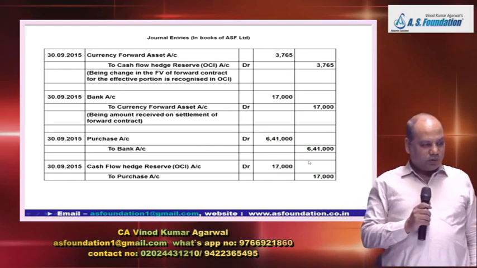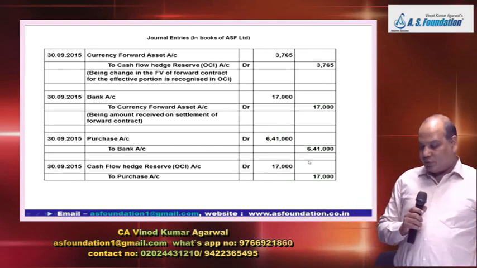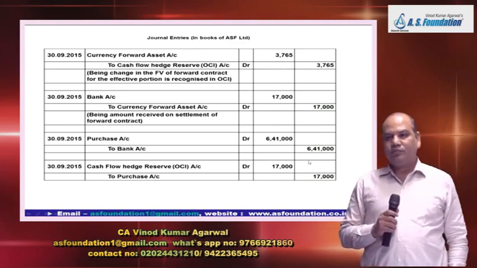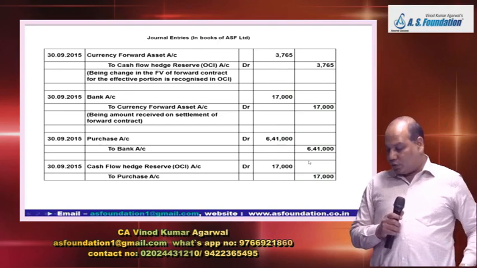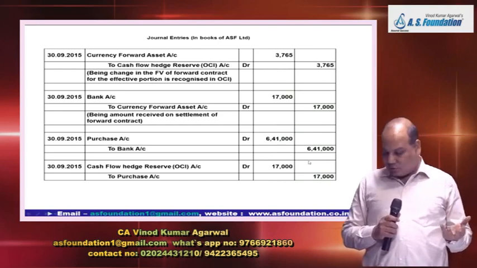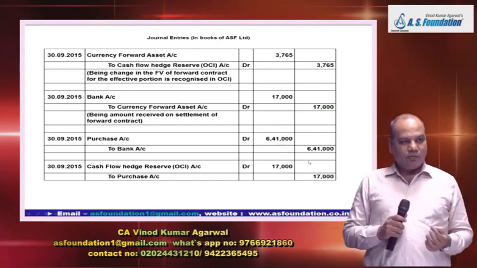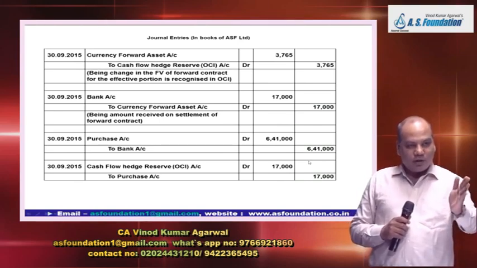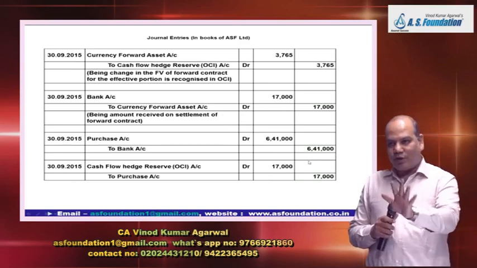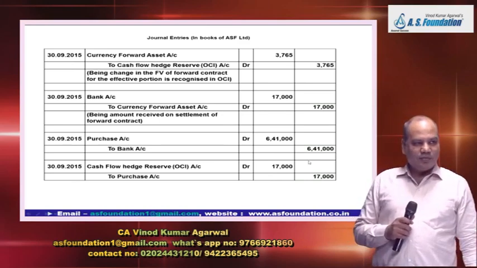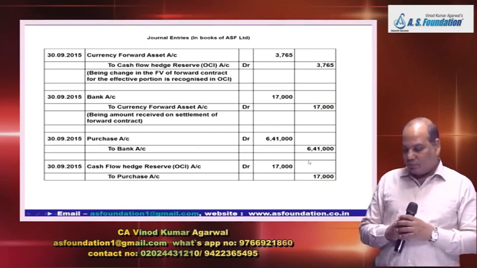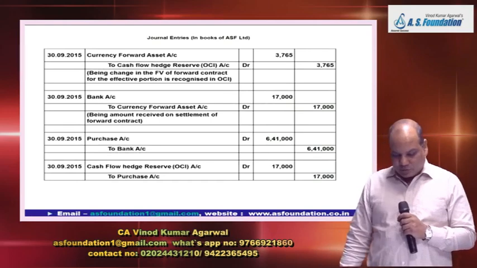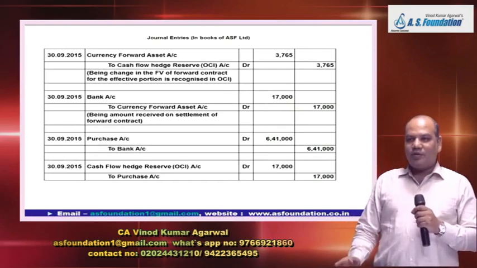Cash flow hedge reserve account debit 17,000 to purchases account 17,000. So what is my net purchase? Take 641 minus 17, 624. This is exactly what we wanted, 10,000 into 62.40. This is what we wanted. Yes or no? So this is how you do the accounting under cash flow hedge. Now we will take a break.